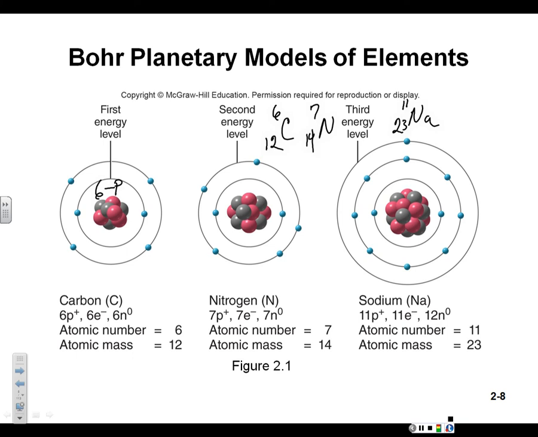How many neutrons does carbon have? You know how you get 6? If you subtract the number of protons from the atomic mass. So what makes up the atomic mass? What makes up that number? So if I got 6 protons, which is the top number, if I subtract that number from that number, how many neutrons do I have?